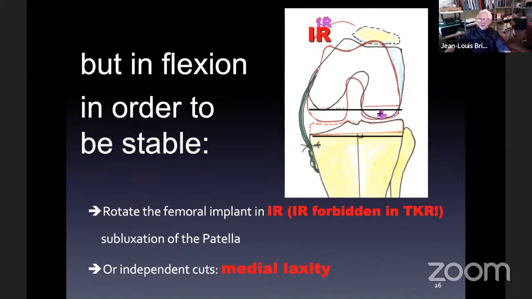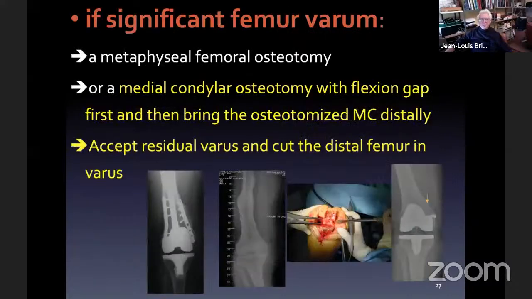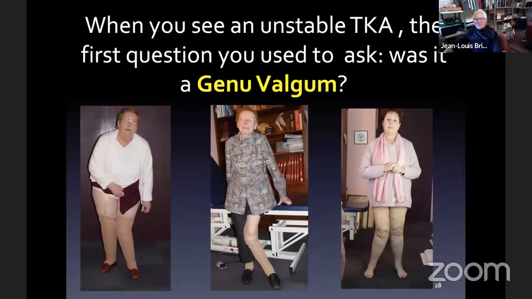So next, if you have a femur varum, you have to do either a metaphyseal femoral osteotomy, or if you want, you can do a sliding medial condyle osteotomy here, or you have to accept the residual varus deformity. Next. So when we see an unstable knee, the first question we ask, was it a genu valgum?